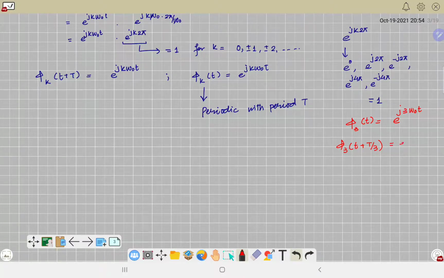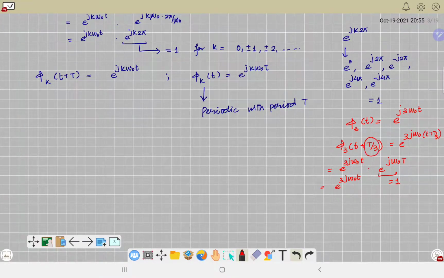Okay, so it will be e raised to the power 3 j omega naught times t plus T by 3. So again, if you do a bit of rearranging of terms, e raised to the power 3 j omega naught t into e raised to the power j omega naught T by 3, it will be e raised to the power 3 j omega naught t, because this factor will be equivalent to 1. So it turns out it is periodic with T by 3.